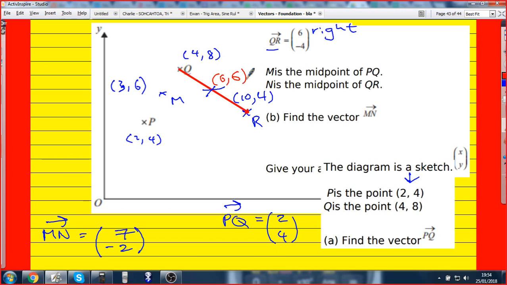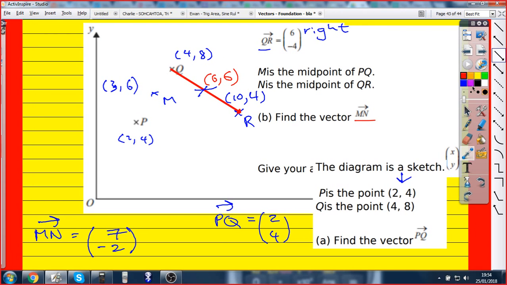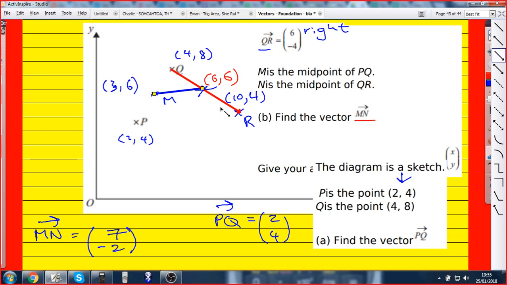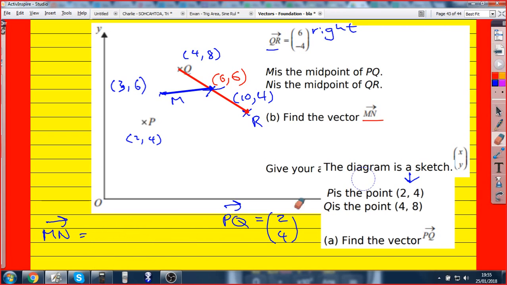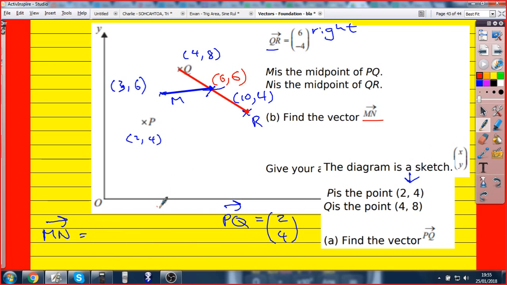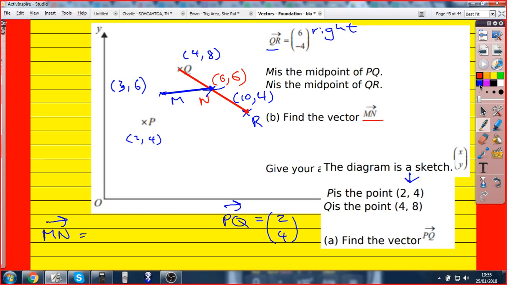Yes. So it's 6, 6. Okay, and we had to find the vector MN. So from M to N. M is 3, 6. N is 6, 6. By what vector do we travel?